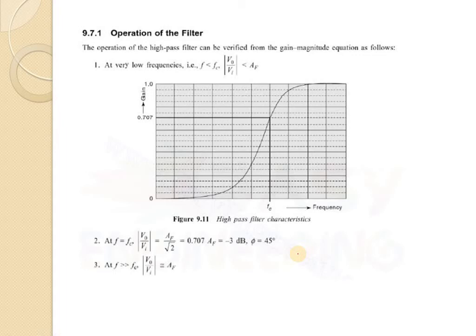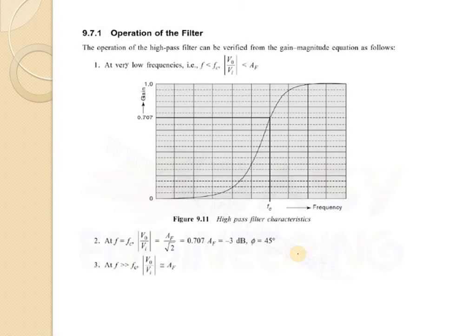Secondly, at F equals Fc and V0 by Vi equals AF by root 2, that is 0.707 AF, that is equal to minus 3 dB, and phi equals 45 degrees. And when F is very much greater than Fc, then the gain V0 by Vi equals AF.